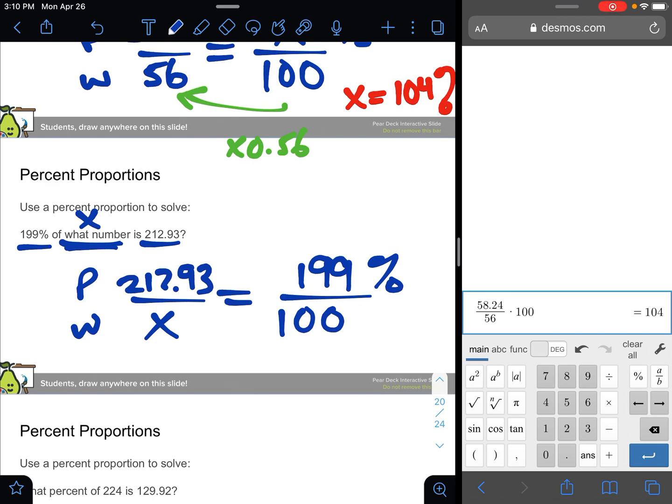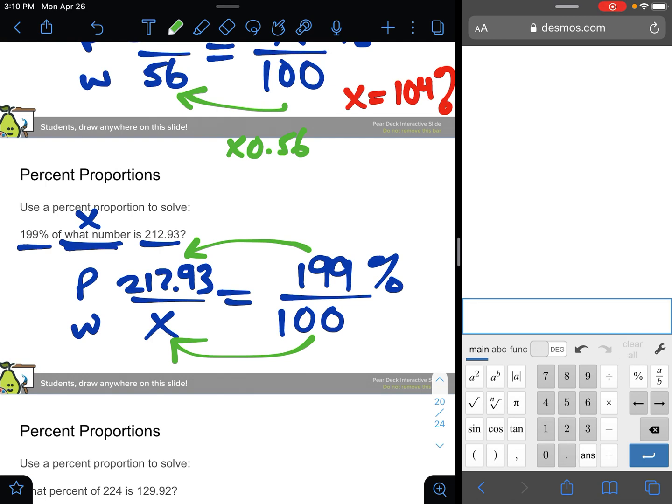So we're going to find a scale factor here. If you're not sure what direction to go in, I would just go towards X and then go the same way on the other part. So I'm going to take the 212.93 and divide that by the 199. It actually isn't that bad of a scale factor, 1.07. Do the same thing to the bottom.